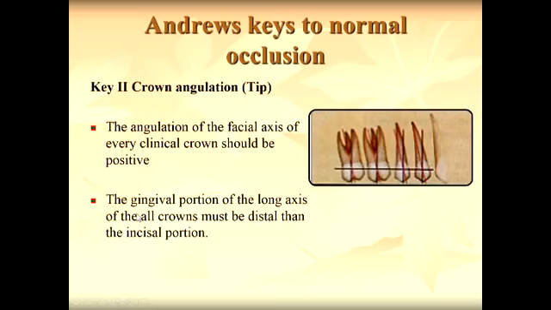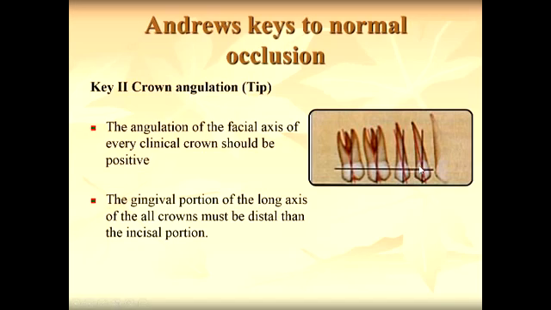This is the first key, while the second key relates to crown angulation. Crown angulation is very important during different phases of treatment, during different phases of fixed appliance systems, and the technology of a bracket takes this crown angulation into consideration.